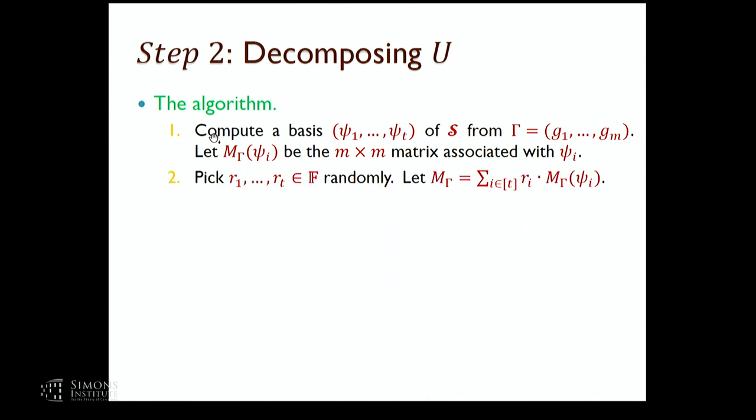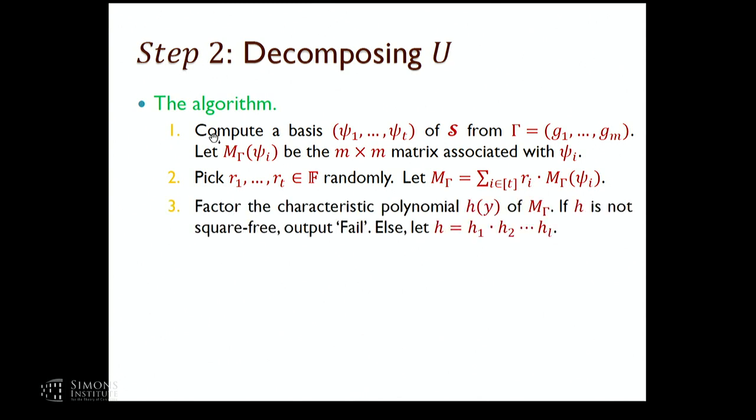So you first pick a random operator from the space, just by picking random elements from F and taking their linear combination, and compute the characteristic polynomial of this random operator, and factor it completely. If it is not a square free factorization, then you output fail. Otherwise you factor, and we'll look at the correctness of the algorithm in the next slide.